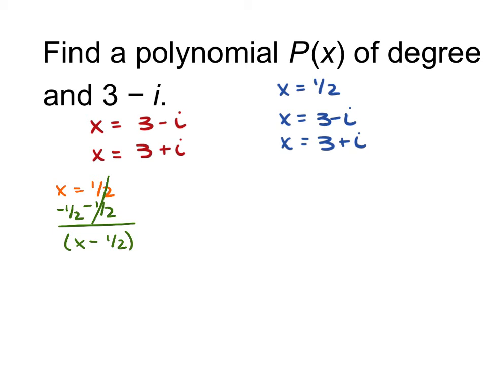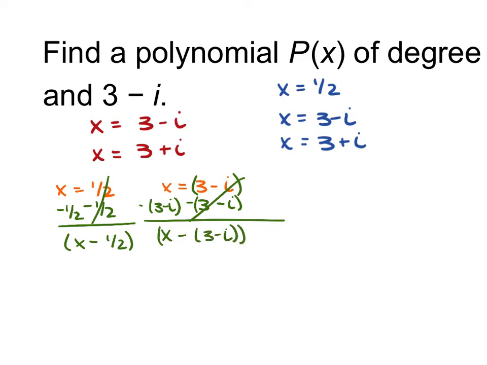For the x is equal to 3 minus i, we're going to take these, put them in parentheses, and just subtract the 3 minus i from each side. So this is going to give us x minus (3 minus i). And then for the x is equal to 3 plus i, again, we're going to put parentheses around that, and then subtract it from each side, so that's going to give us x minus (3 plus i).